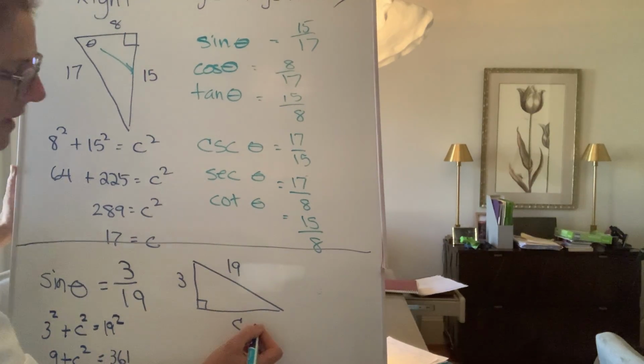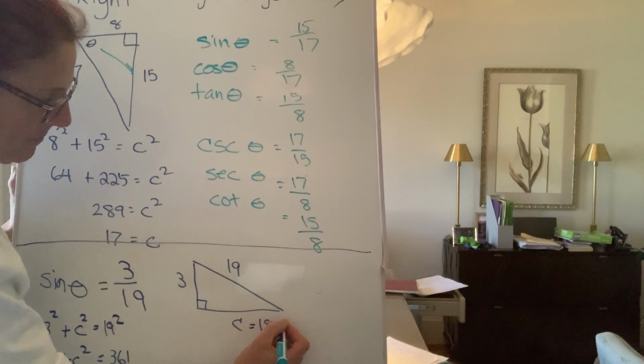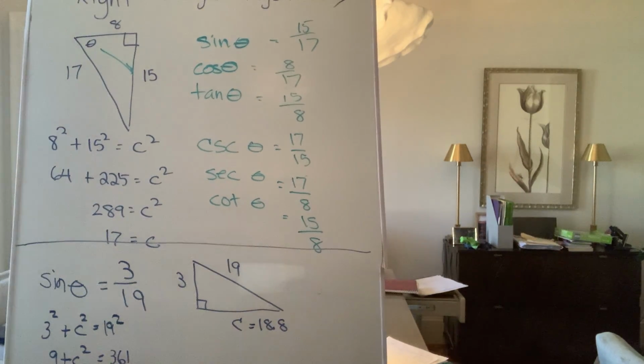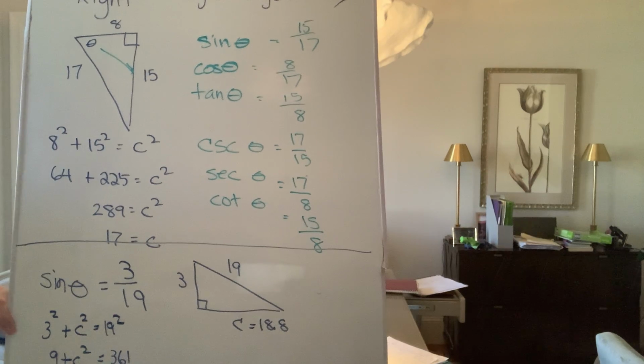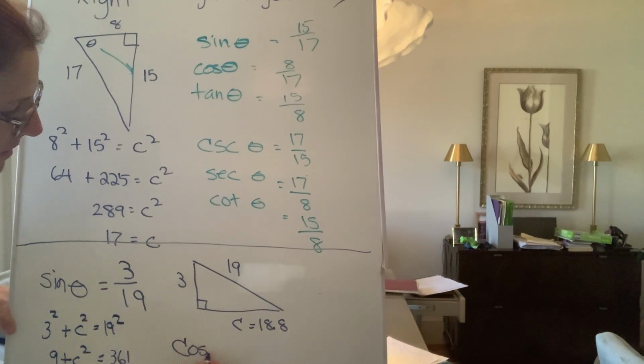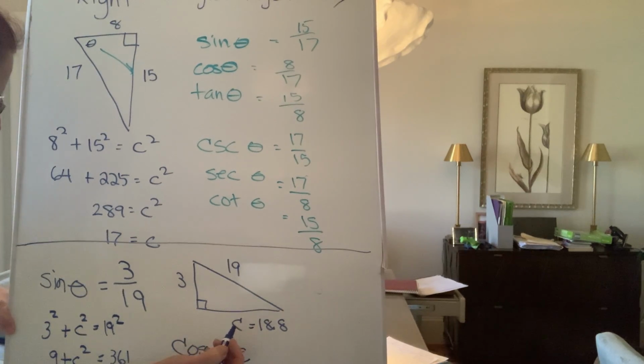So then I could go ahead and find my trigonometric functions here. I could say the sine of, I know what the sine is, but now I could find cosine is 18.8 over 19. We're saying theta is here.